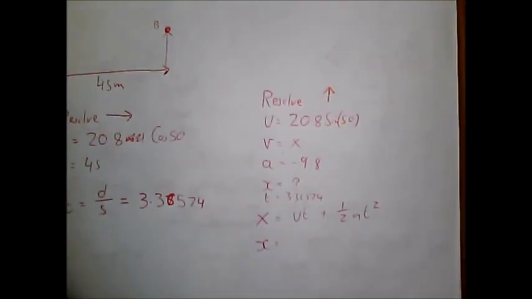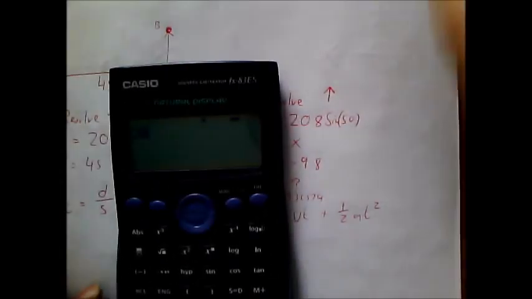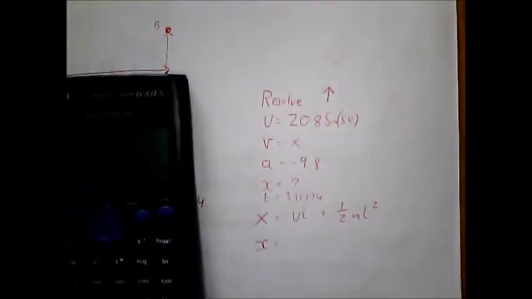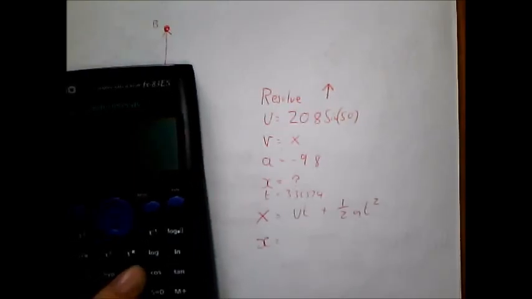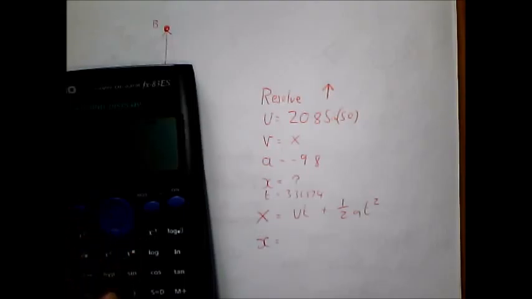Okay, so I'm going to quickly put this into my calculator. 20.8 sine 50 lots of 3.36574 plus 0.5 lots of negative 9.8 lots of 3.36574 squared.